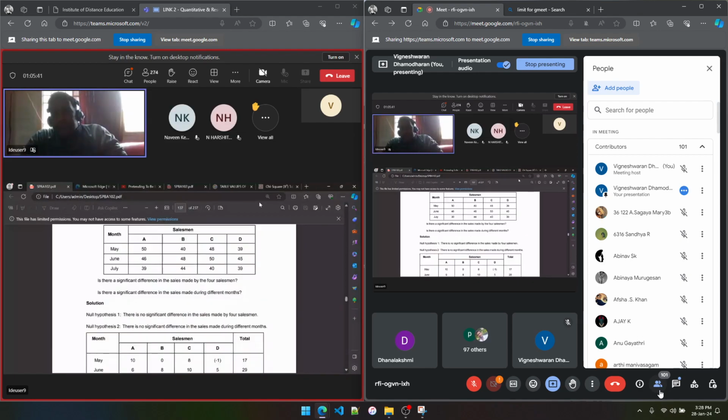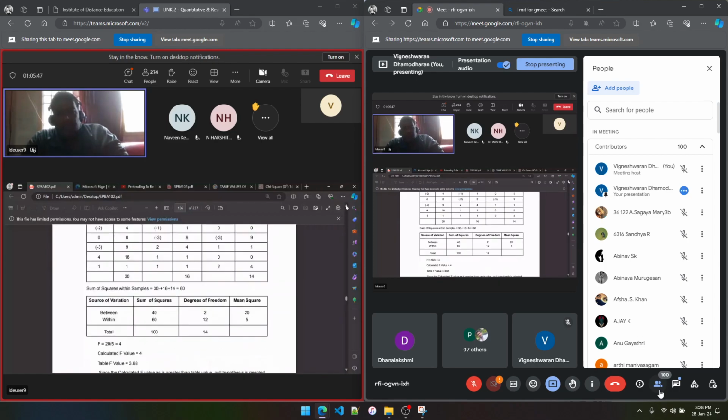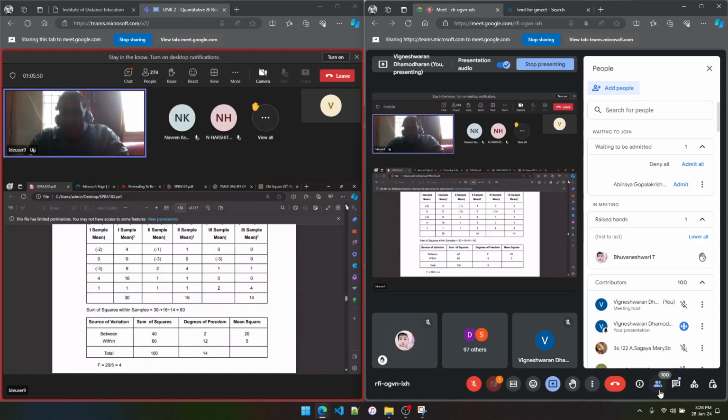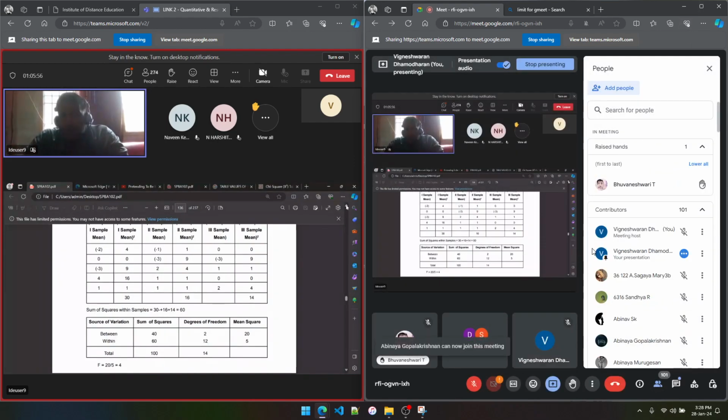Now we are nearing completion. In the last table, we have to present 4 different types of information: source of variation, sum of squares, degree of freedom, and finally mean square.